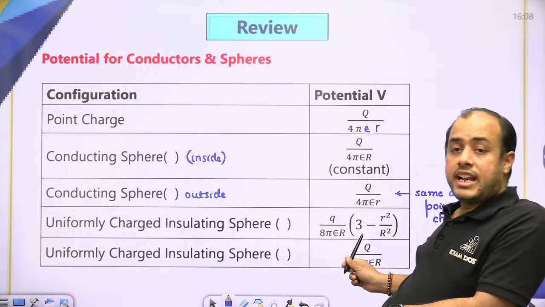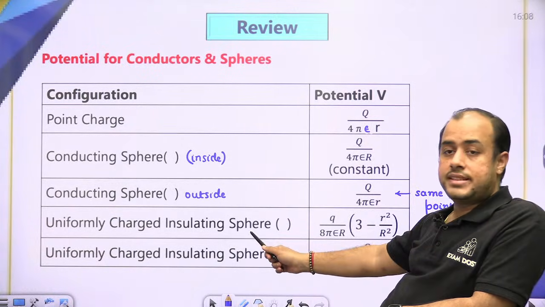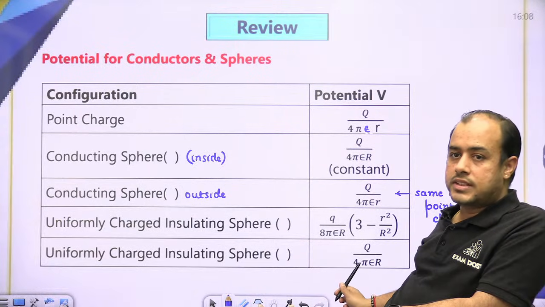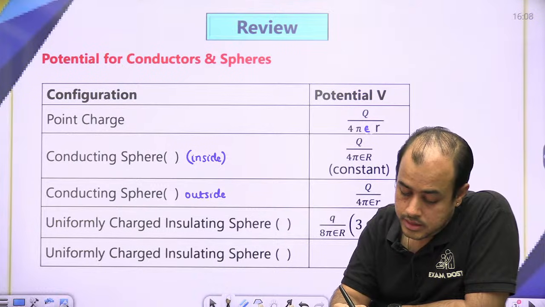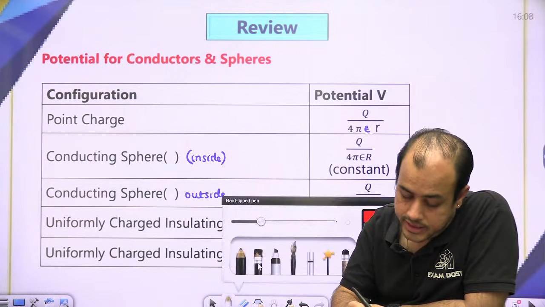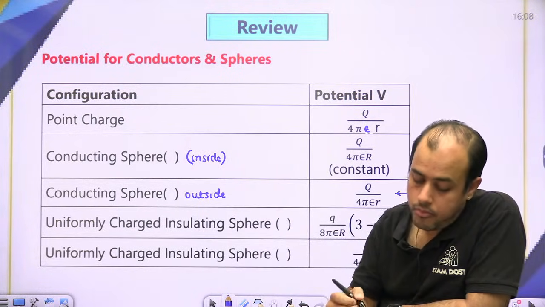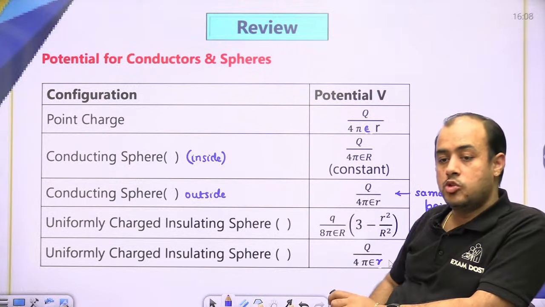This also I derived in the previous lecture. Uniformly charged insulating sphere, and outside again same as that of a point charge. I had shown you this by deriving it as well, right? 3q by 8 minus q by 8.